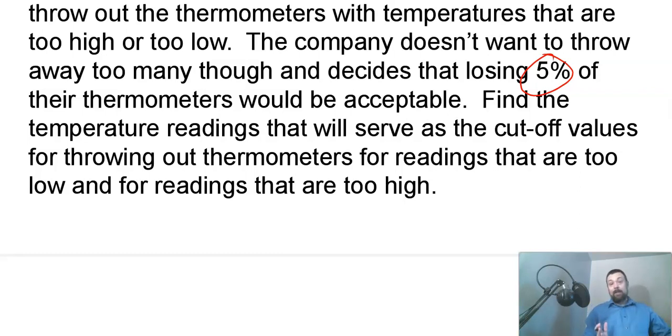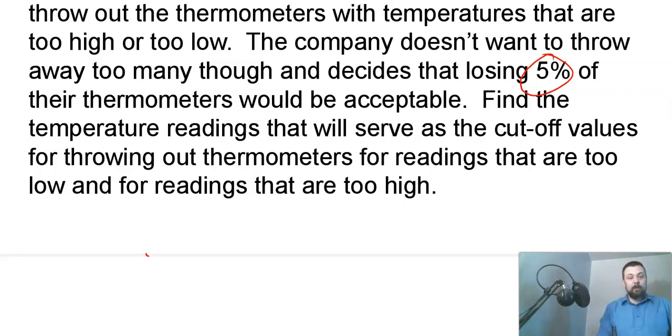It's just as bad in the other direction, right? So we have to take that 5% and divide it up for thermometers that are reading too low and thermometers that are reading too high. So 2.5% will have to go in the left tail for thermometers that are reading too low and have to be thrown out. And 2.5% will have to go in the right tail for thermometers that are reading too high and have to be thrown out. And altogether, that'll be 5% of thermometers that are being thrown away.